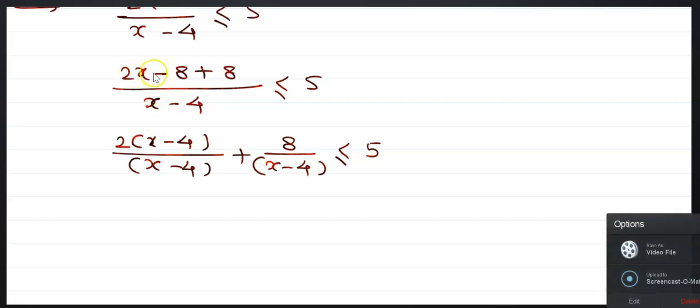Let's take 2 as common. Then in bracket x minus 4 upon x minus 4 plus 8 upon x minus 4 less than or equal to 5.